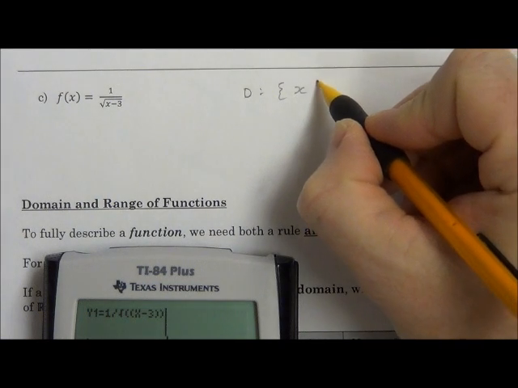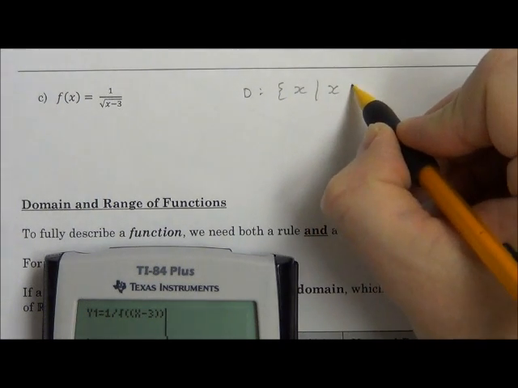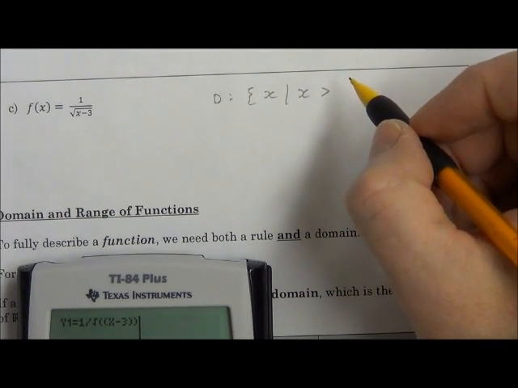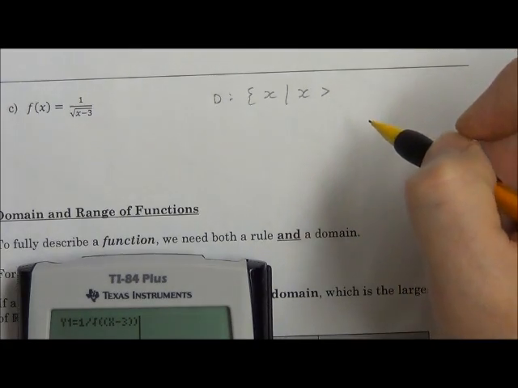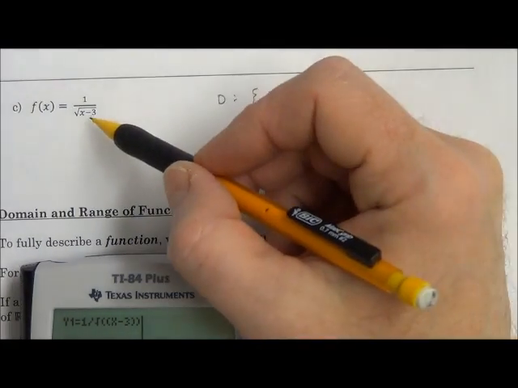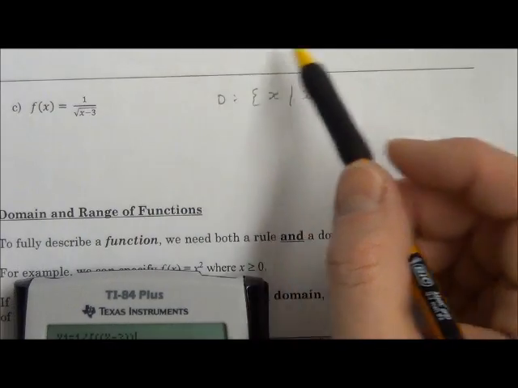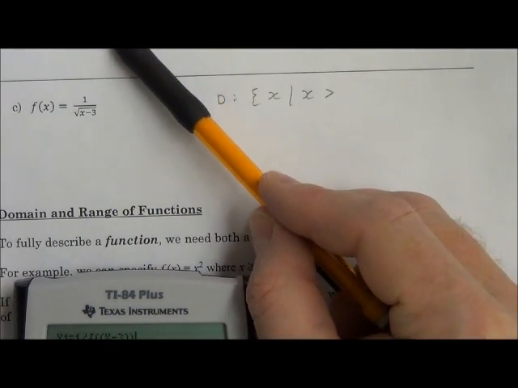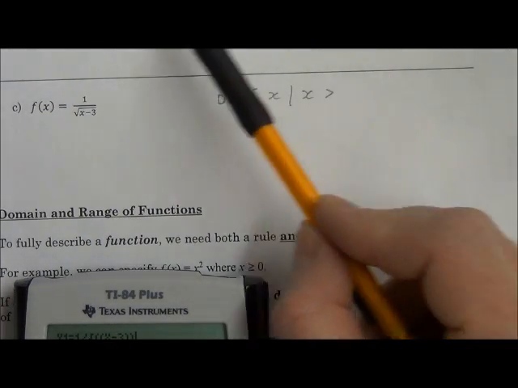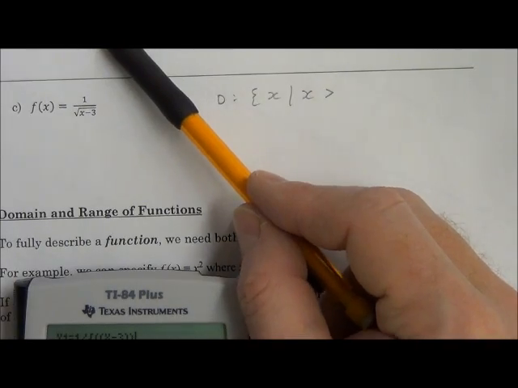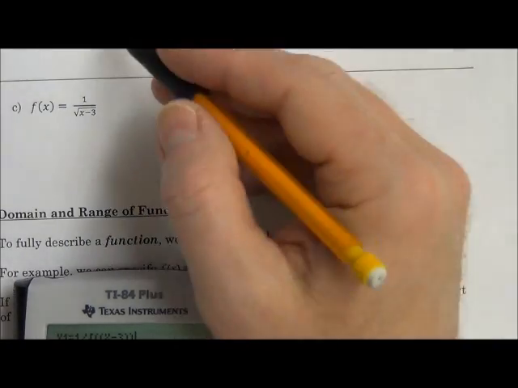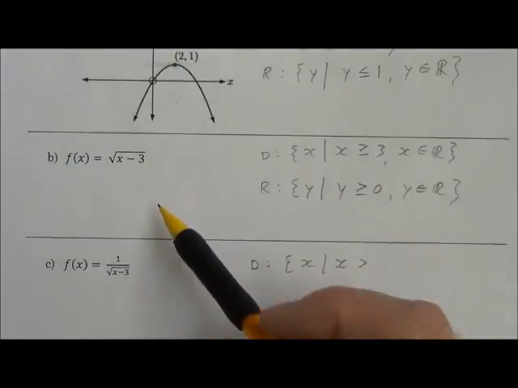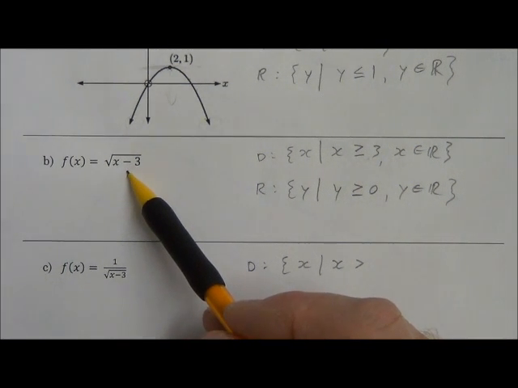is all values of x such that x is greater than. Now, we have to actually take a look at this itself. From this graph, we could see that x could not be less than 3.